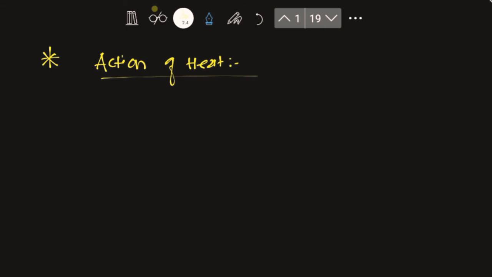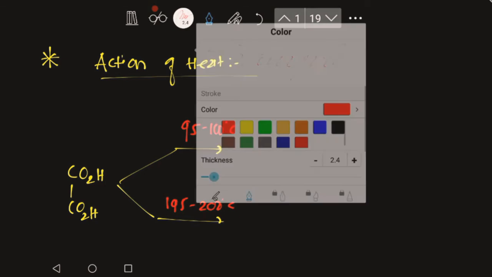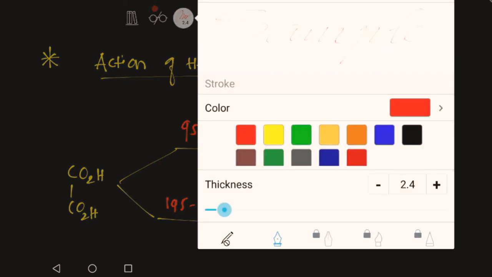So we will first consider a carboxylic acid CO2H, for example oxalic acid, on heating at specific temperatures. In the first case the temperature is 95 to 100 degrees Celsius, and in the second case 195 to 200 degrees Celsius. As the temperature increases, elimination will be preferred.